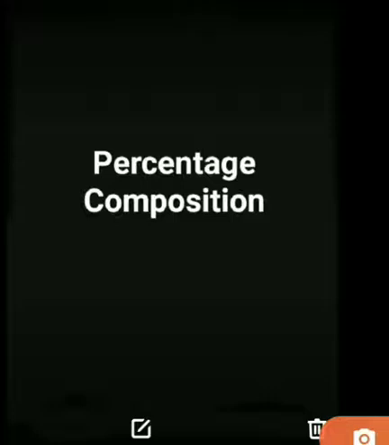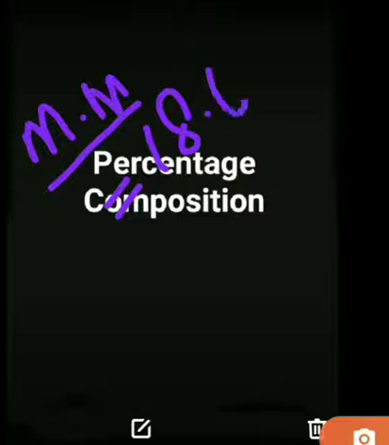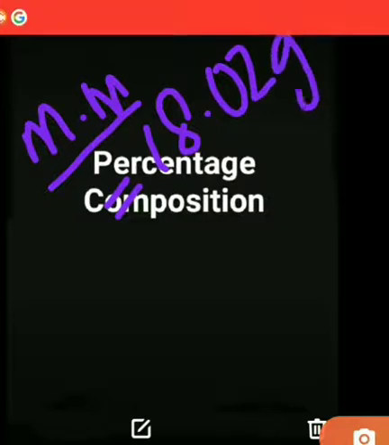So for this you have to have knowledge of some data, or sometimes it is given in your question also. That is, you have to know the molar mass of water and the mass of hydrogen and oxygen. So students, the molar mass of water is nearly equal to 18, but exactly it is 18.02 gram.